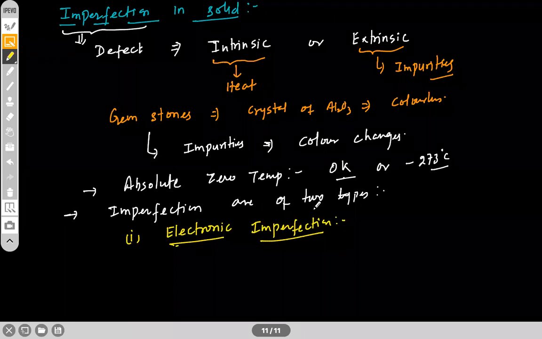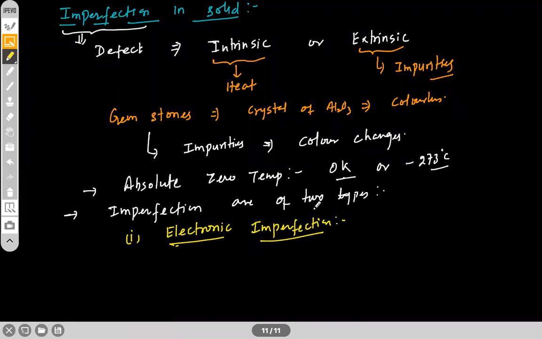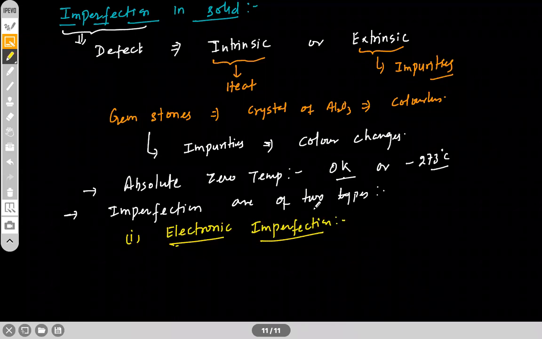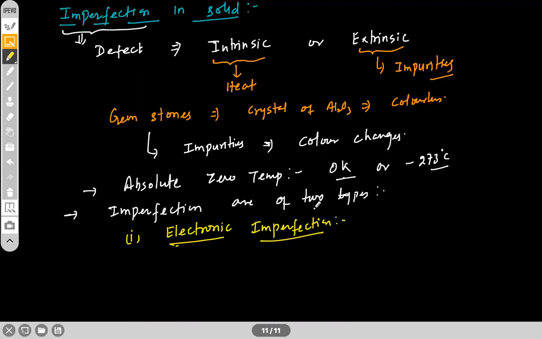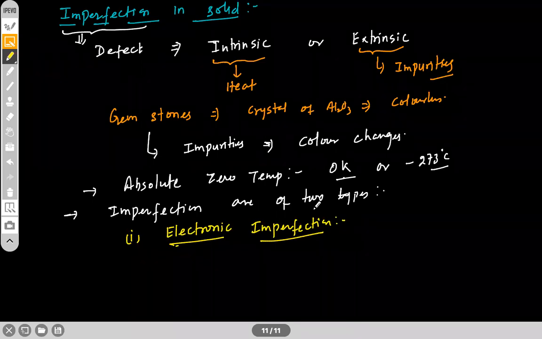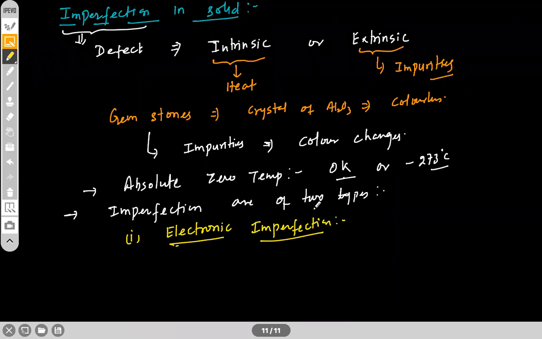Atomic imperfection is because of the movement of atoms from one point to another point in the crystal. Electronic imperfection is because of the movement of electrons. Based on which constituent particle moves, the imperfection is classified into two categories.